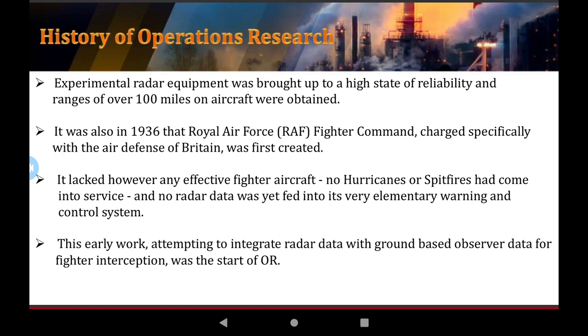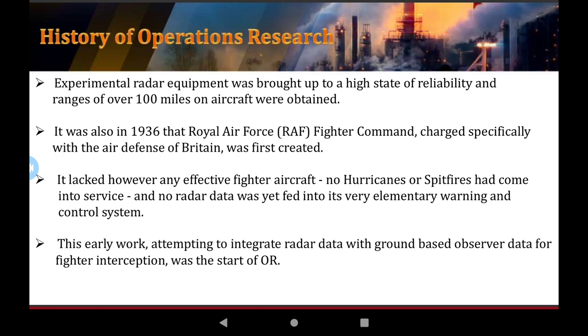The history of operation research also includes experimental radar equipment. Some of the radars and equipment were brought up to a high state of reliability, and a range of over 100 miles on aircraft was obtained.